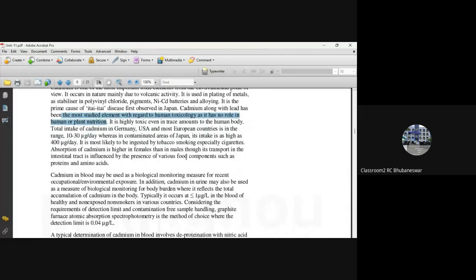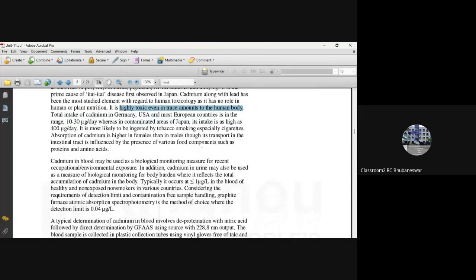This is bad for us. It is highly toxic even if a trace amount is present in the body. That is why we want to study these things more and more. It is most likely to be ingested through tobacco, smoking, essentially cigarettes.